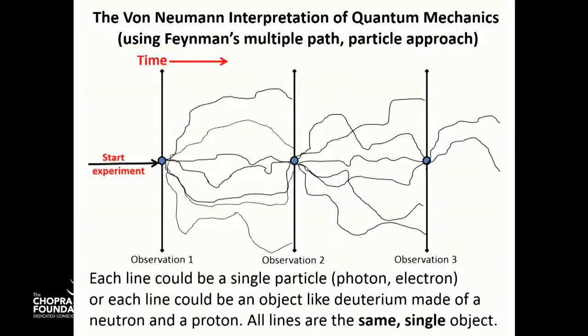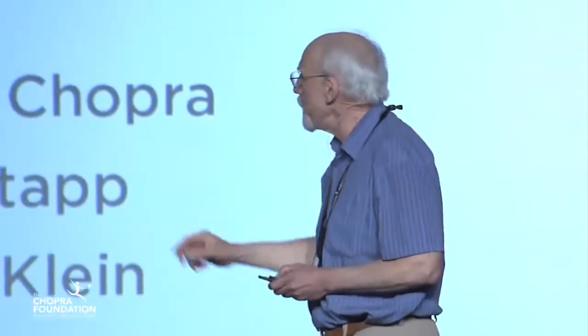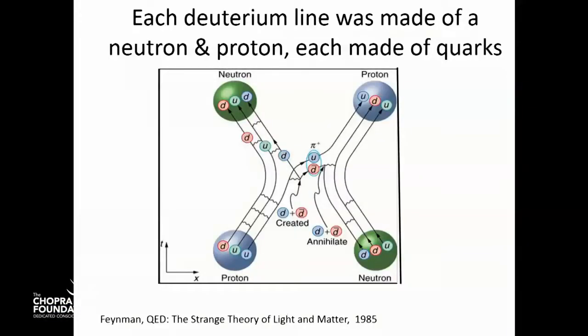Now, I've been saying that this is a particle, but each little line can either be a particle like a photon or an electron, or it could be a composite thing like deuterium, which is a nucleus. It's a proton and a neutron with all these quarks going back and forth and interacting.